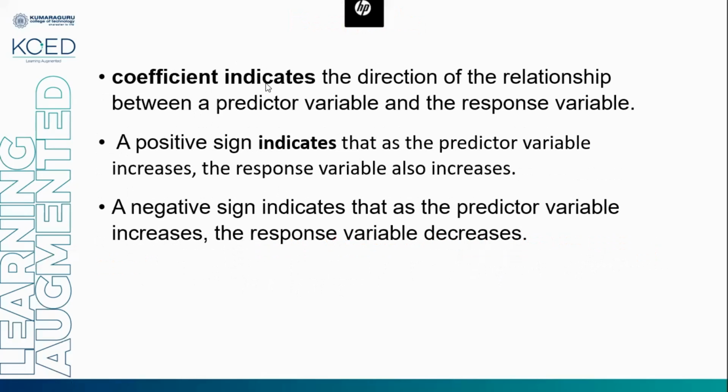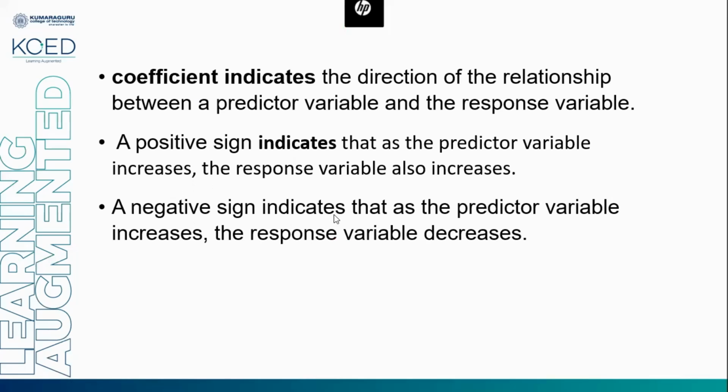The coefficient indicates the direction of the relationship between a predictor variable and the response variable. A positive sign indicates that as the predictor variable, the independent variable, increases, the response variable, the dependent variable y, also increases.